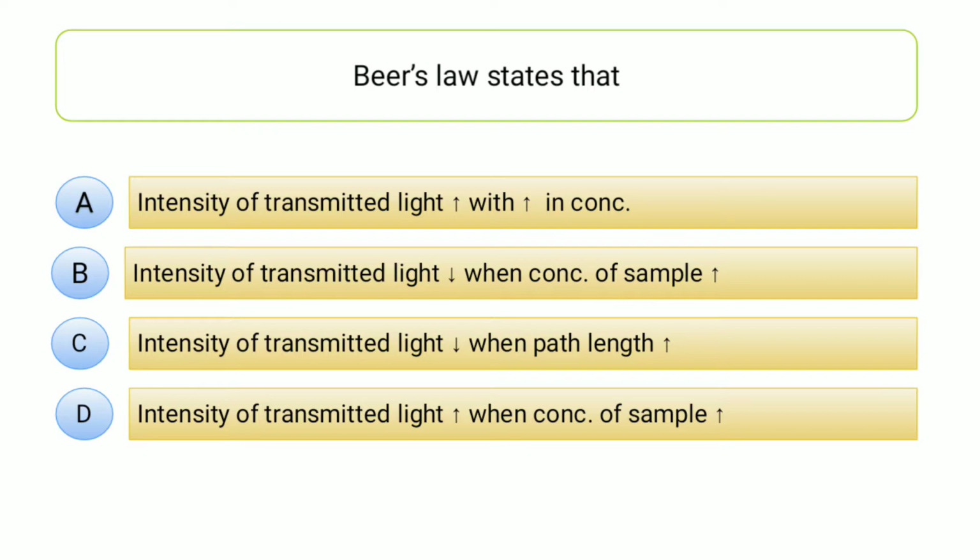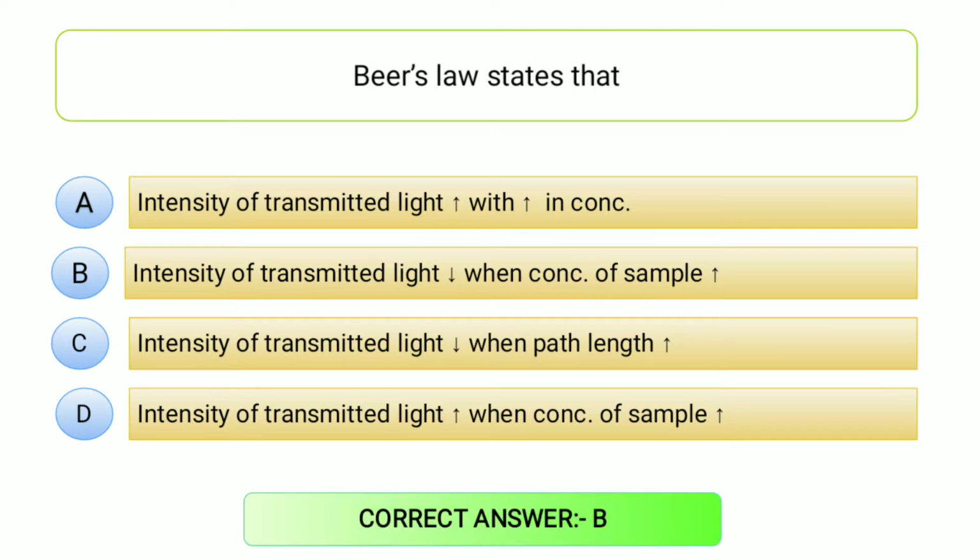So students, the correct answer for this question is option number B. So according to Beer's law, intensity of transmitted light decreases when concentration of sample increases.